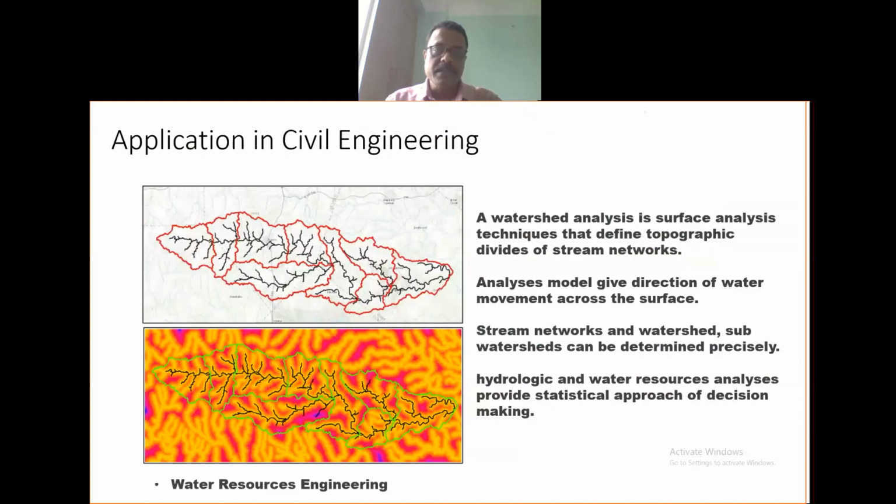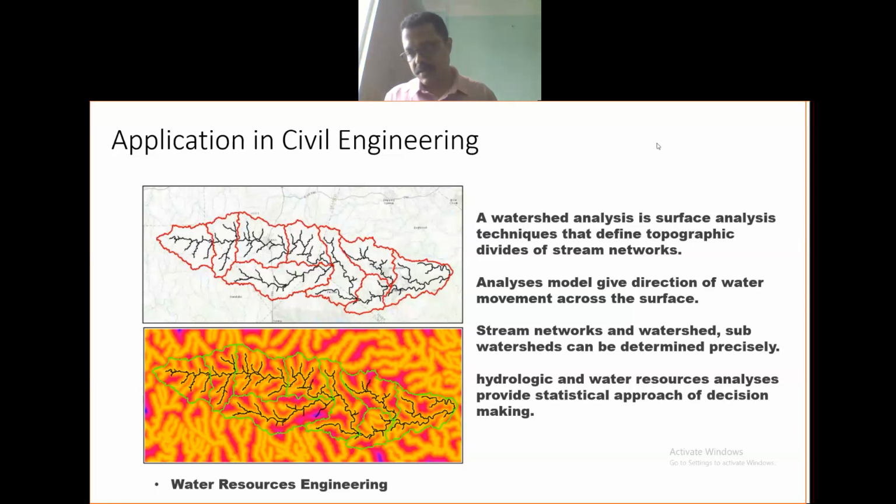So there are a few application areas in civil engineering. I will not go too much into the detail, but at least you should know these things. When you come to water resource engineering, that means how much water is there as a resource which can be used. So normally we often hear that we have the big river Brahmaputra, but at the same time, our government, both the state and the central government, are failing in using the water, which is a resource, to its full capacity.